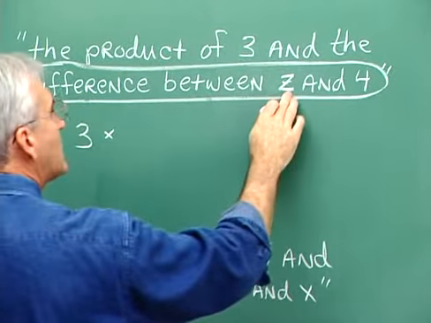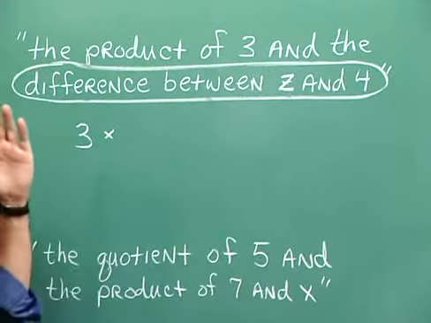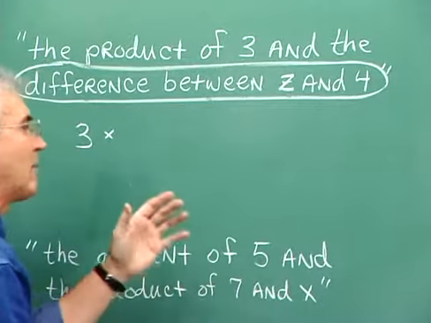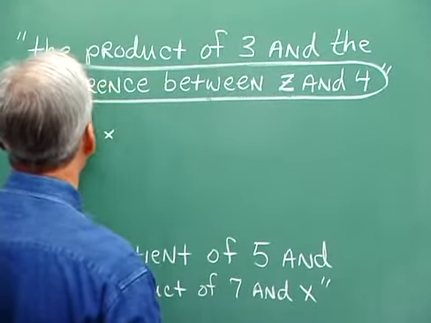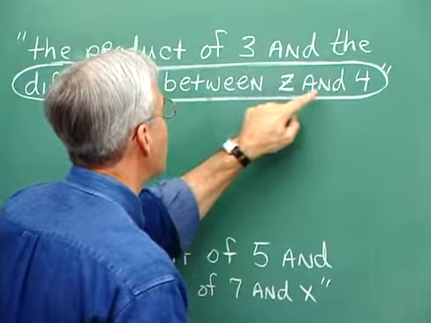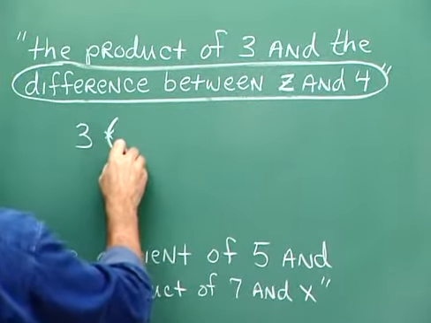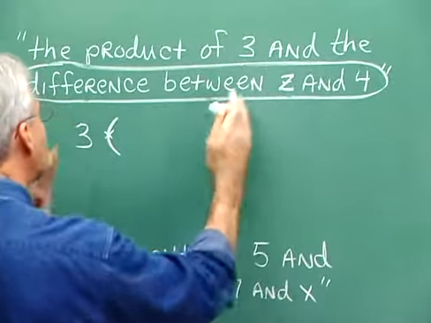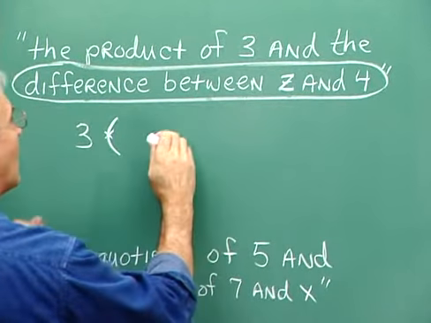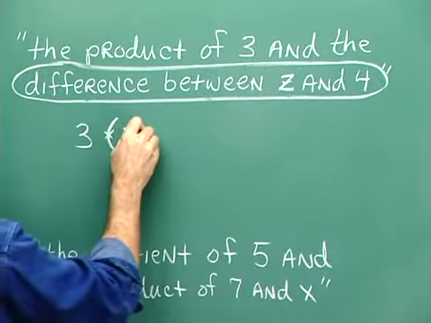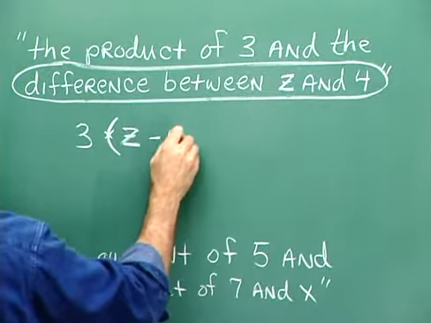Now we remember difference is the answer in a subtraction problem, and it's the first item following difference between. That's this minus that. So it's times, and I better open a parenthesis because I have two items here. So it's z minus 4.